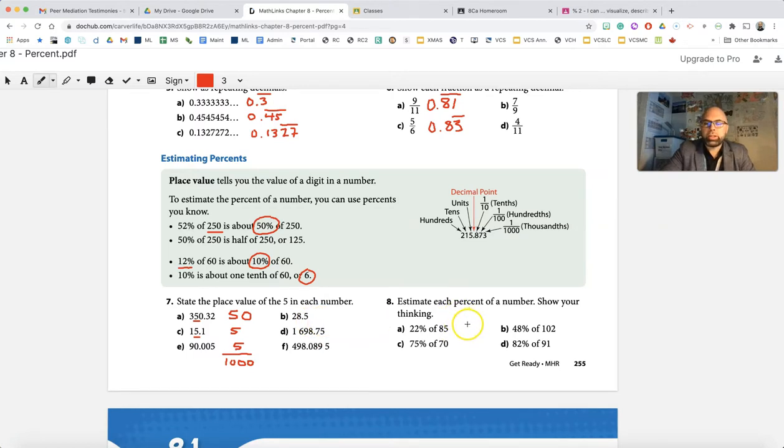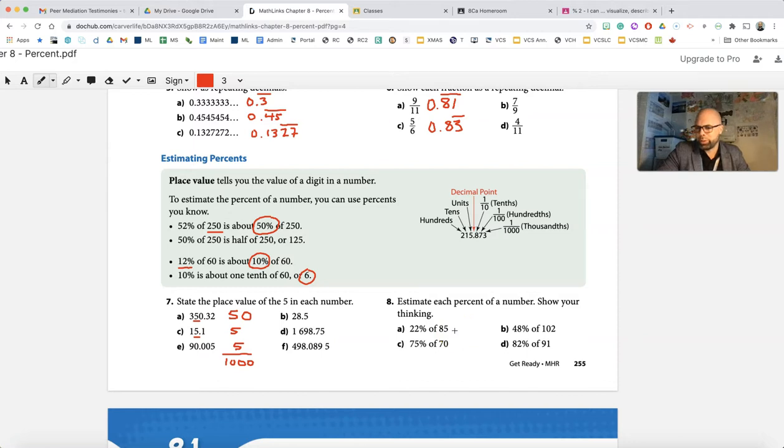Estimate each percent of a number. Okay, so for some reason I love estimation. It's just kind of fun for me. So use the rules that we talked about up here, kind of the rounding rules. So when we talk about estimating a percent, 22% is close to 20%. 20% is twice 10%.